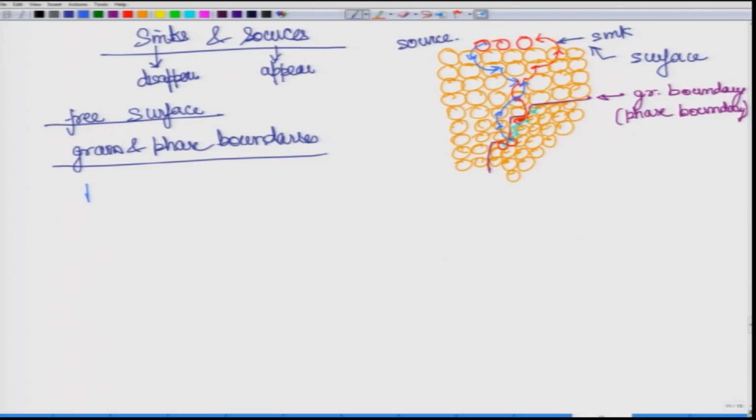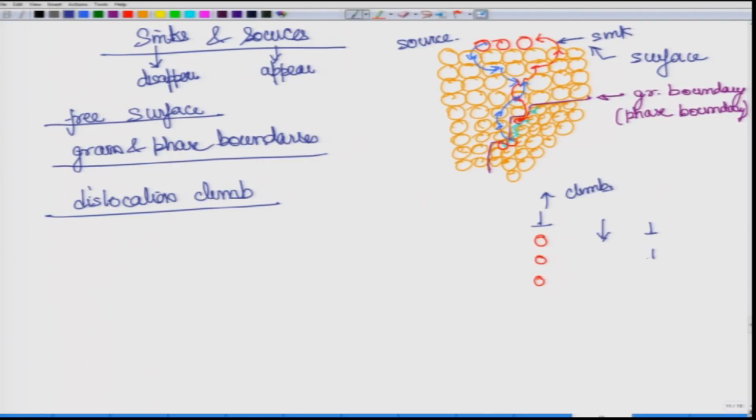Still another one is dislocation climb. So, we have a dislocation like this in a system, and I am not drawing the system around it. When it climbs, it moves up, and it leaves a trail of vacancies. When it is moving down, then it absorbs these vacancies. So, atoms come into this place and there is absorption of vacancies.